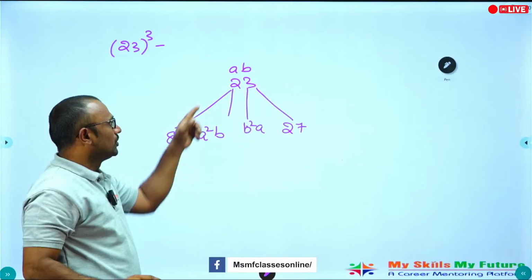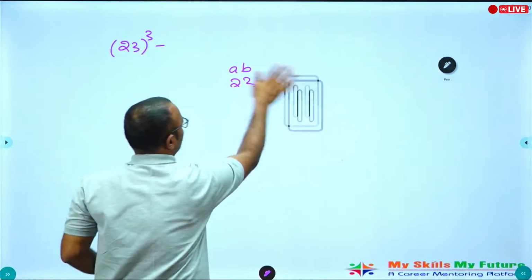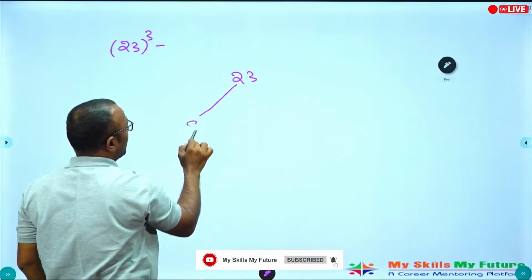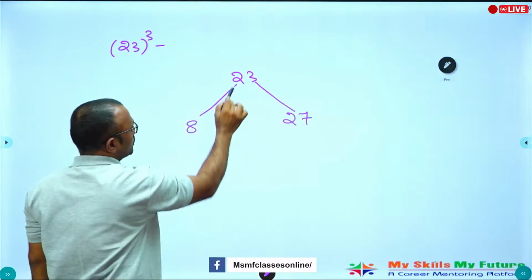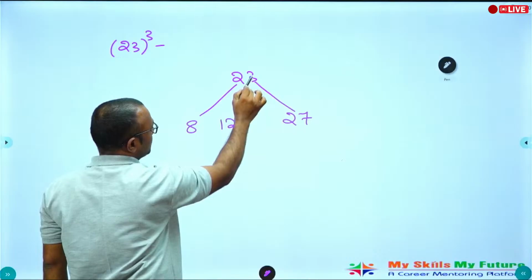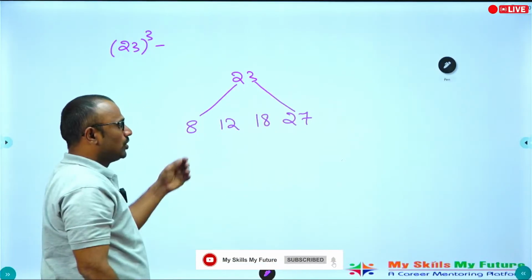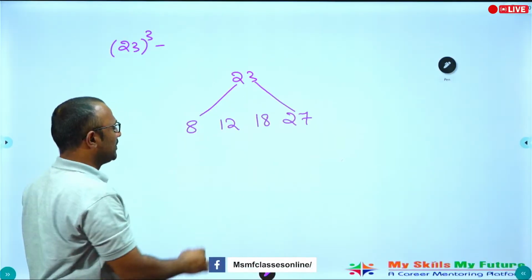So, A square into B, then B square into A. See here 23 cube: 2 cube 8, 3 cube 27, 2 square 4, 4 threes are 12, 3 square 9, 9 twos are 18. From here onwards the same procedure, twice the middle number.